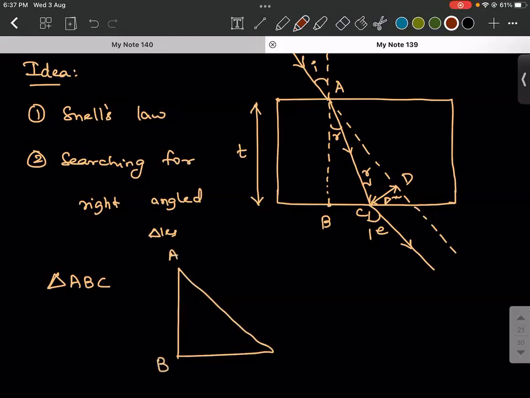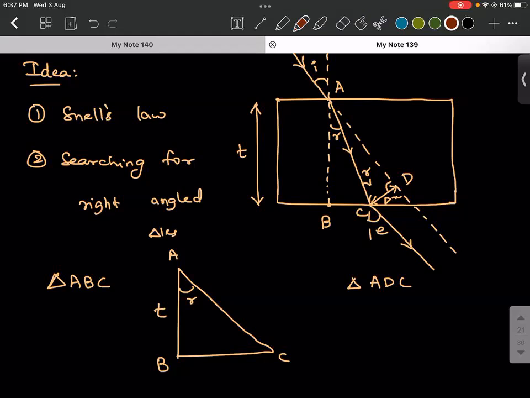A, B, C, this angle is R, this will be T. Then I can think of a trigonometric function that relates thickness to AC. The reason I chose AC is that in the other right angle triangle, ADC, the common side with ABC is AC.